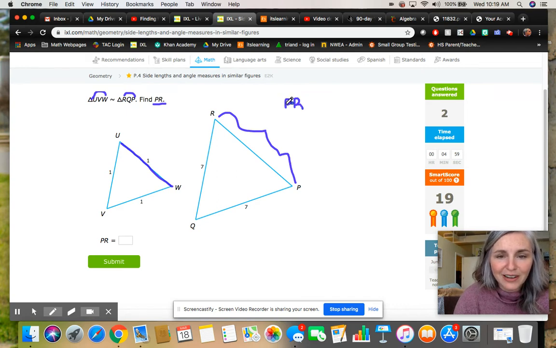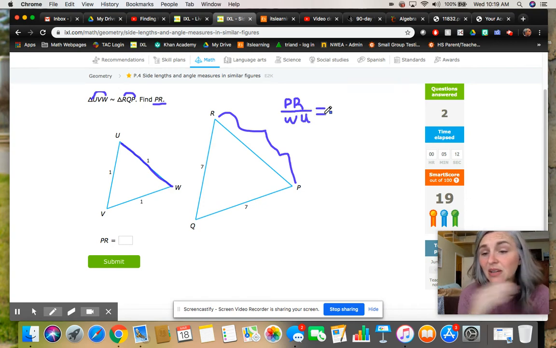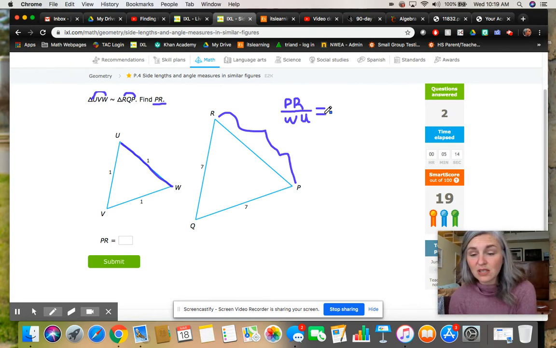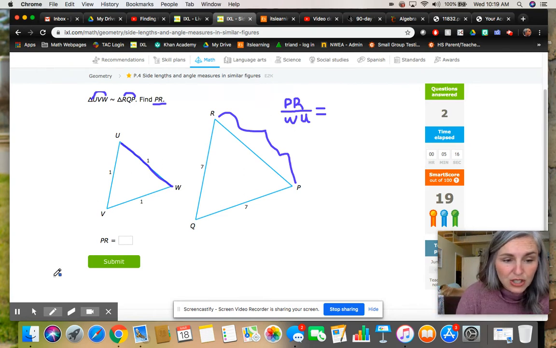So PR is to WU as, and then I can really pick any other two sides I want, right? We actually talked about this in class with Miss Cook. I need to start with the same thing though.